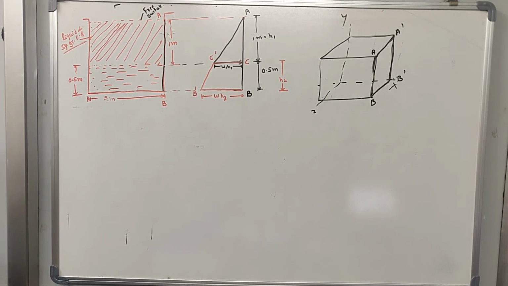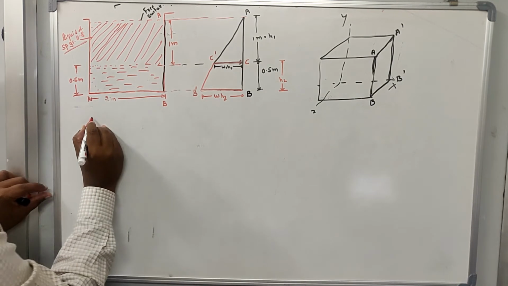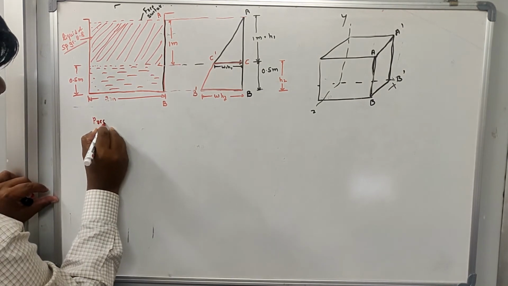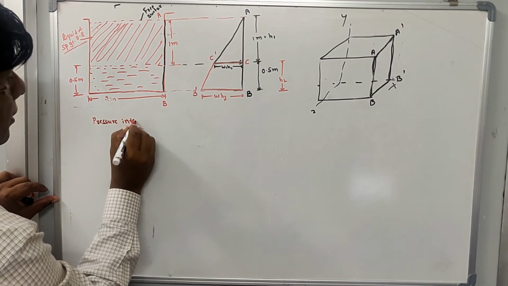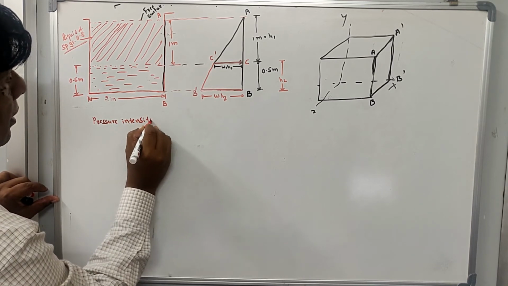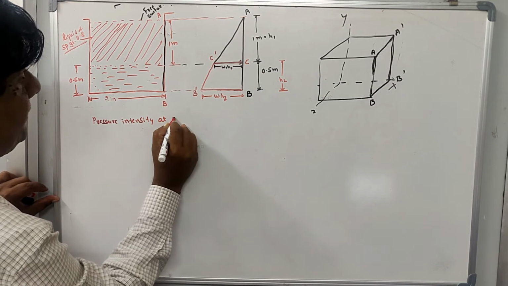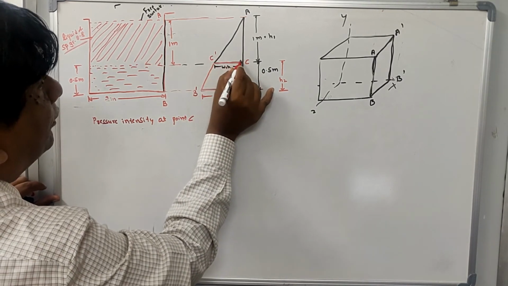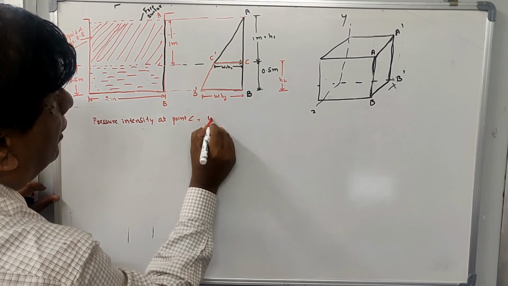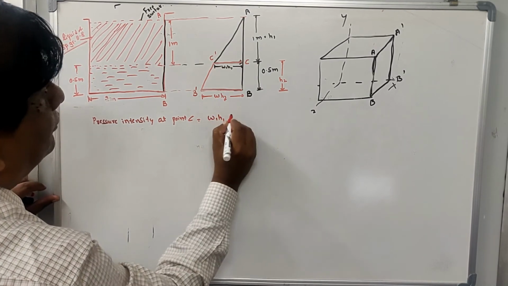Now the pressure intensity at point C is equal to W1H1.